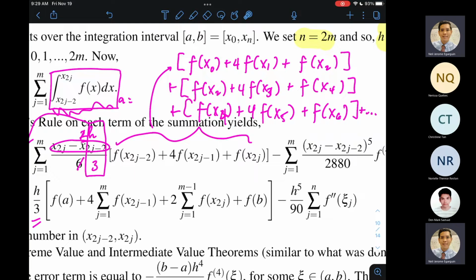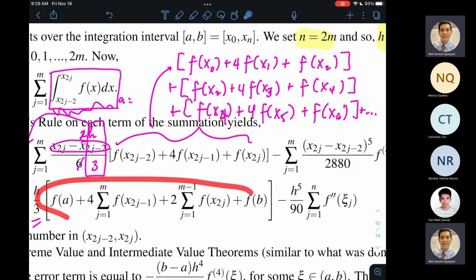So that's why we get twice of f of x2. Tapos si f of x4, naulit siya dito sa pangatlong term. So I'll have twice of f of x4. Mangyayari to sa lahat ng even, maliban lang kay x0 at saka kay x sub 2m. Kaya itong summation na to ranges only from 1 to m minus 1. Para dito, f of x2, f of x4, f of x6, hanggang f of x sub 2m minus 2.